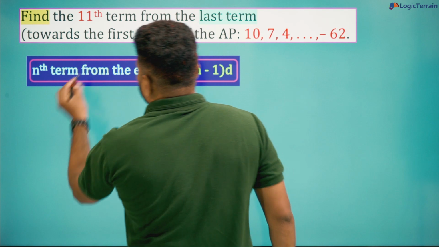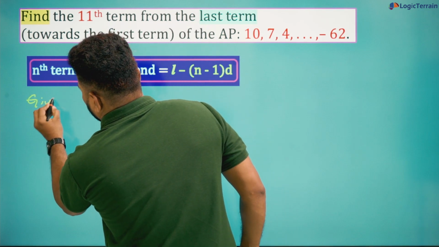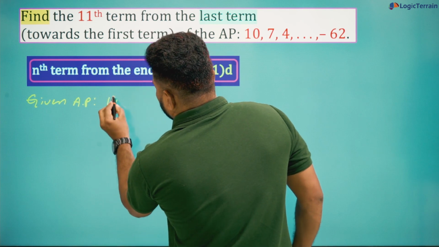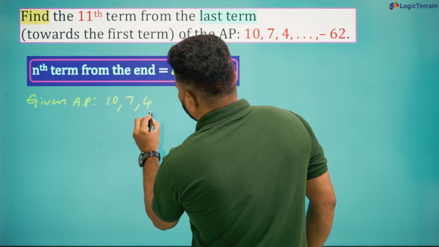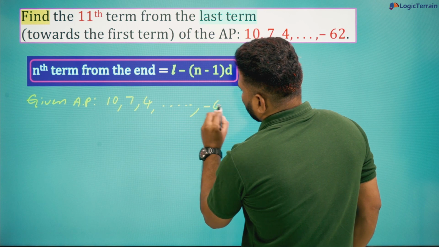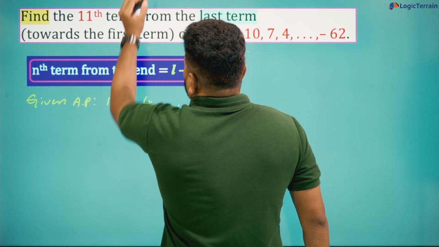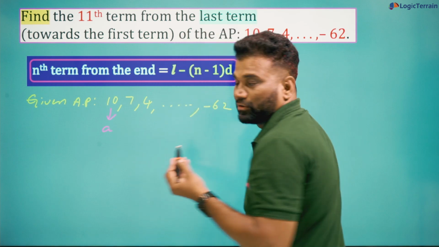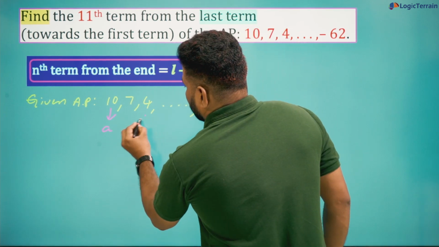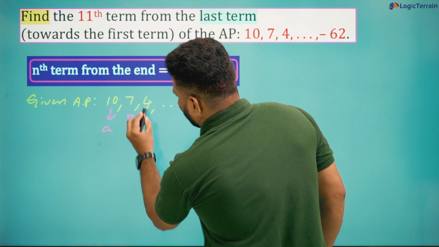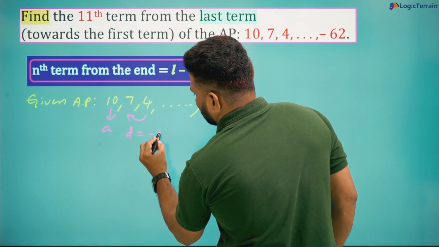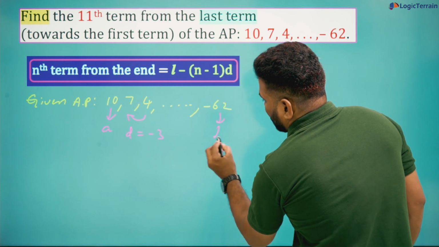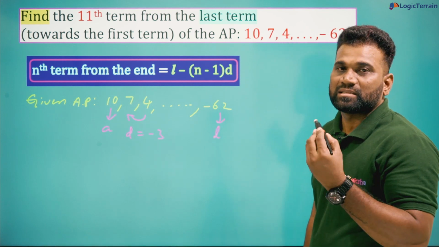So given AP, that is 10, 7, 4 and so on, negative 62. So here this is a, anyhow we don't require a here, and d is 4 minus 7, that is negative 3, and this is L, that is the nth term, last term, an.